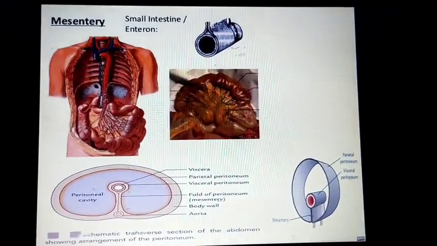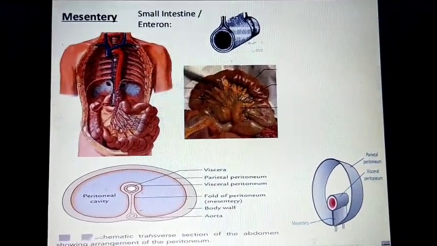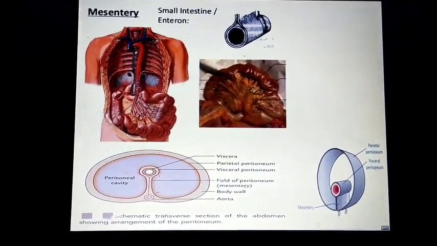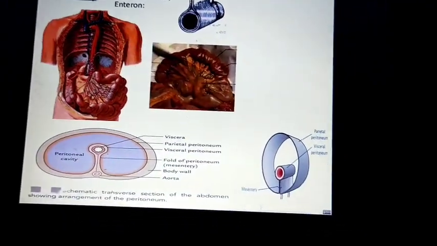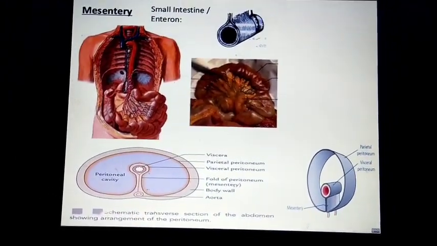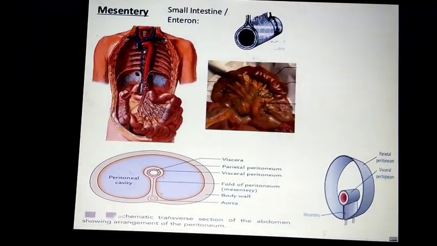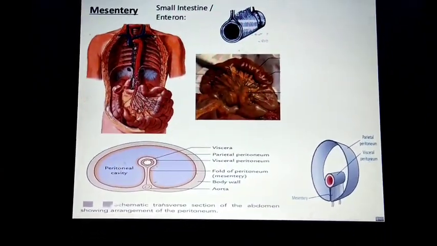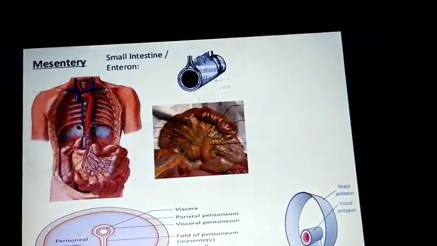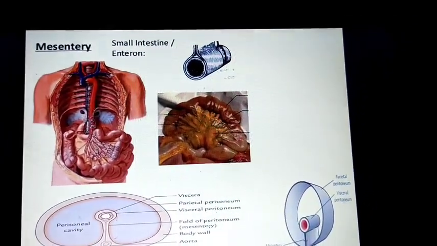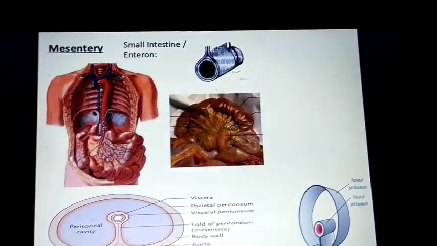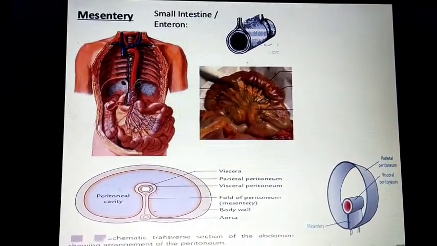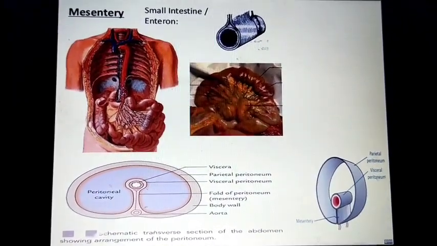Before that, we need to know what is meant by the mesentery. We already studied the anatomy of the peritoneum, in which I explained the mesentery. Mesentery is a word from Greek, divided into meso and enteron. Meso means middle or mid, and enteron means intestine or gut.